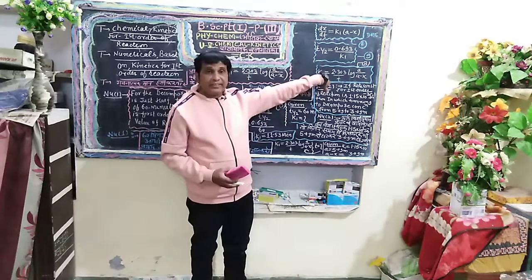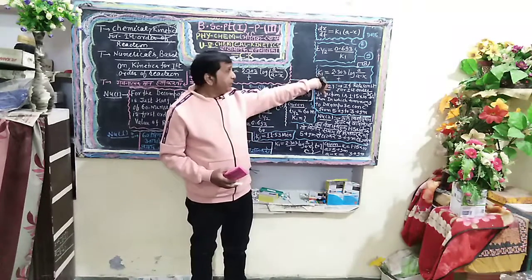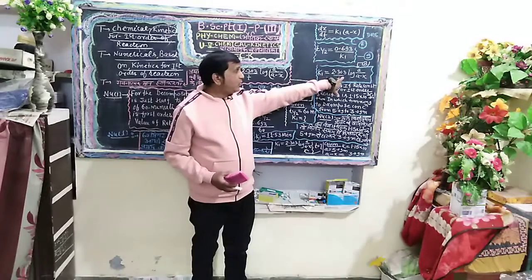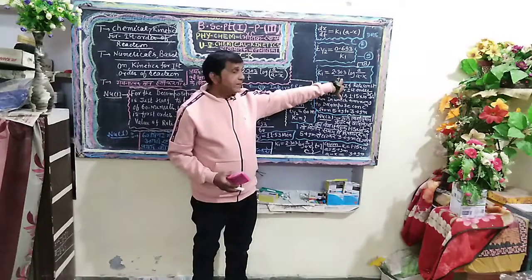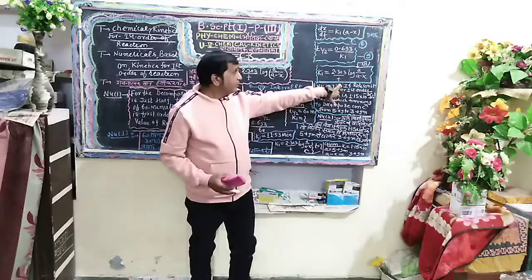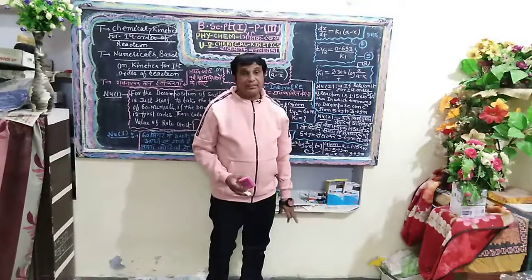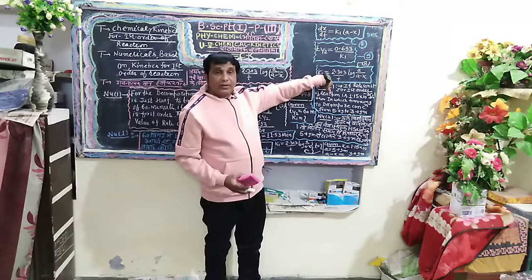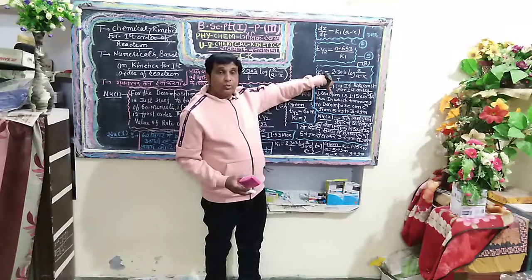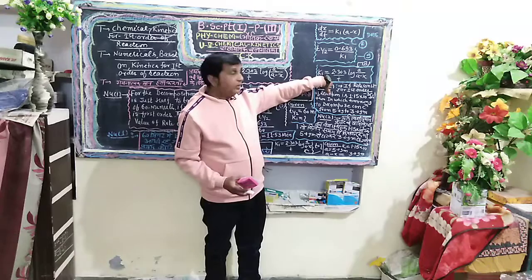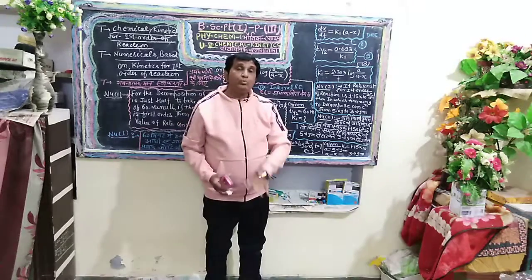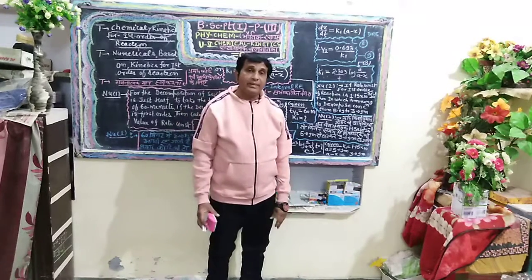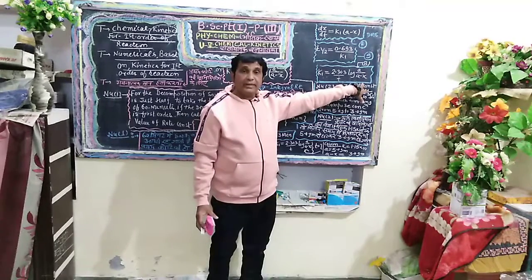Let us start from equation number 8, in which k1 is equal to 2.303 divided by t log a upon a minus x. Once again, I repeat the fundamental rate equation for first order of reaction: k1 is equal to 2.303 divided by t log a upon a minus x.